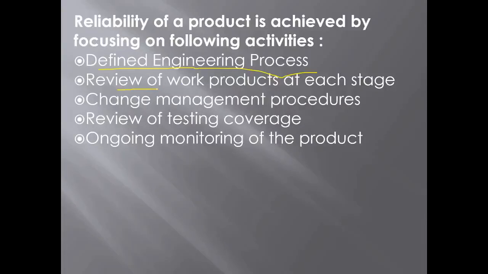Next is review of work products at each stage. At the end of each stage of the product development life cycle, each work product produced is reviewed. As I told you, the product will have different units, modules and components. So what each component is doing and how it has been developed, the review of all these modules and components will be collected at each stage and reviewed for exactly what has happened there.